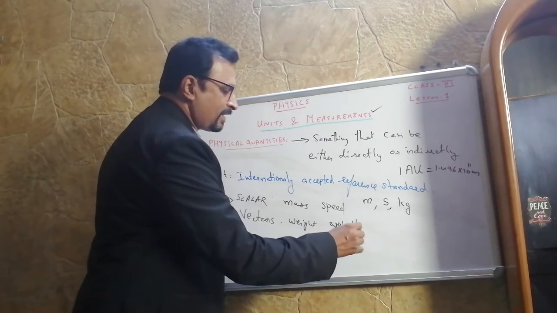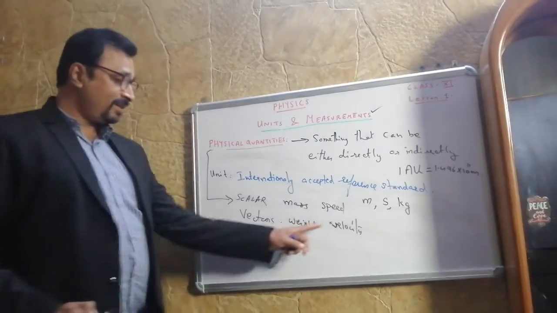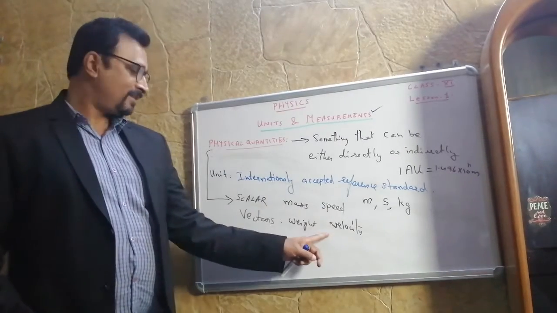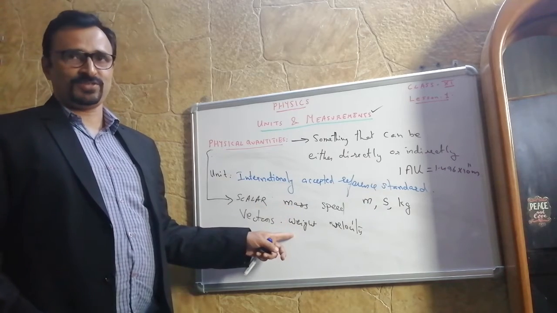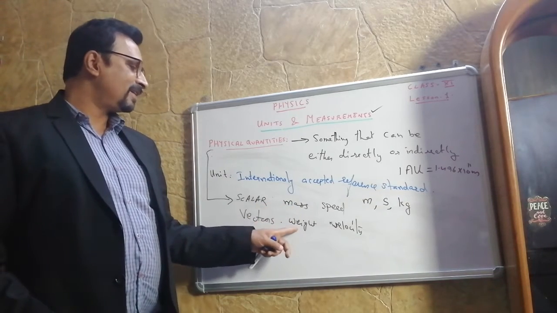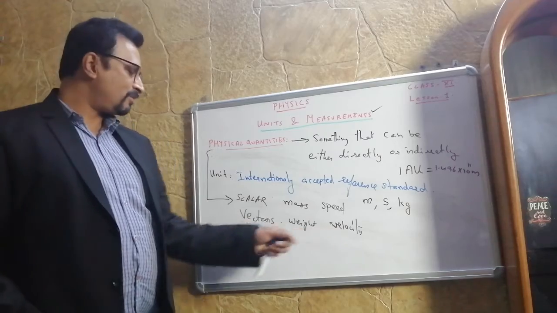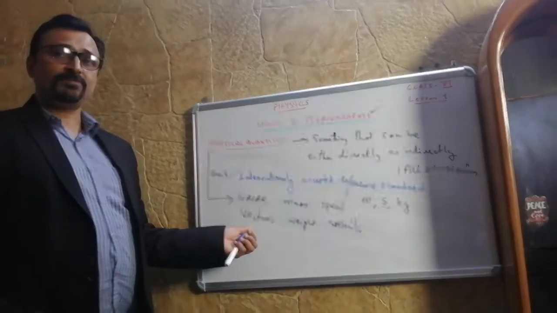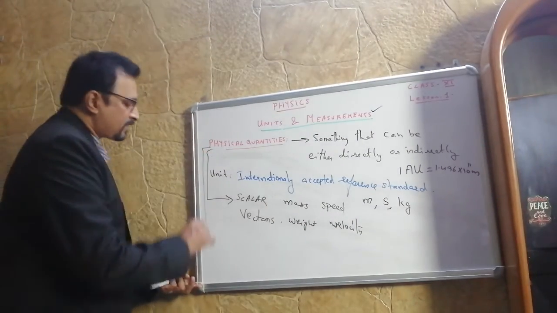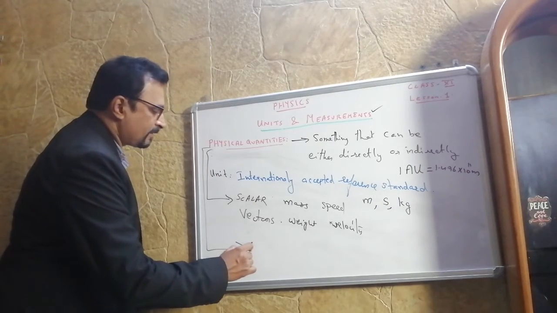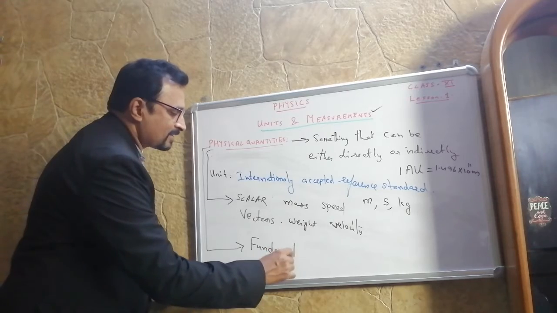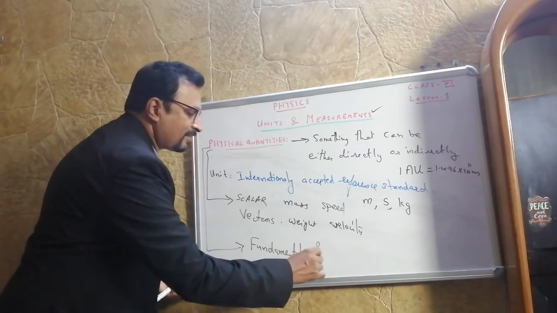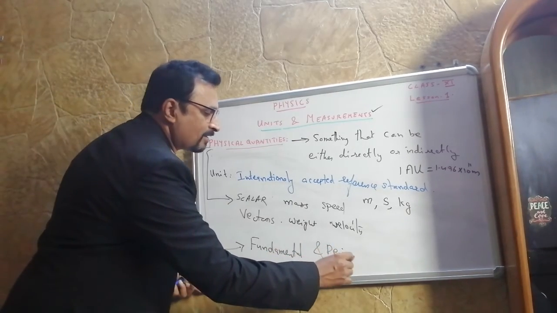What is the difference between speed and velocity? Velocity is speed with direction. Mass is the quantity of matter, but weight is a force. So there is direction for this, and magnitude also. So one classification is scalars and vectors. Another classification of physical quantities is fundamental quantities and derived quantities. Fundamental and derived physical quantities.